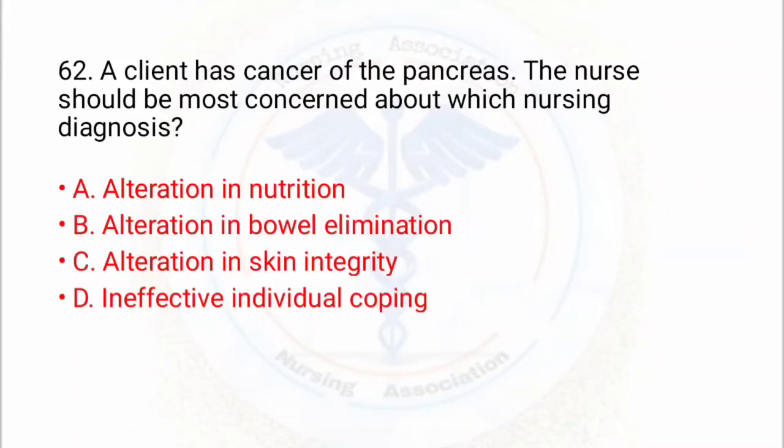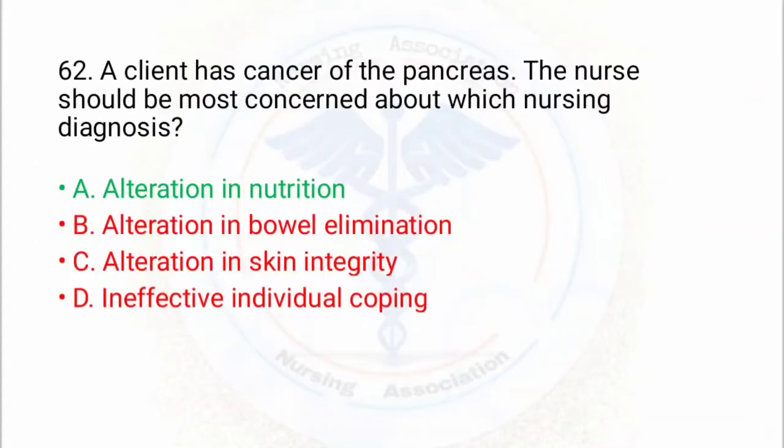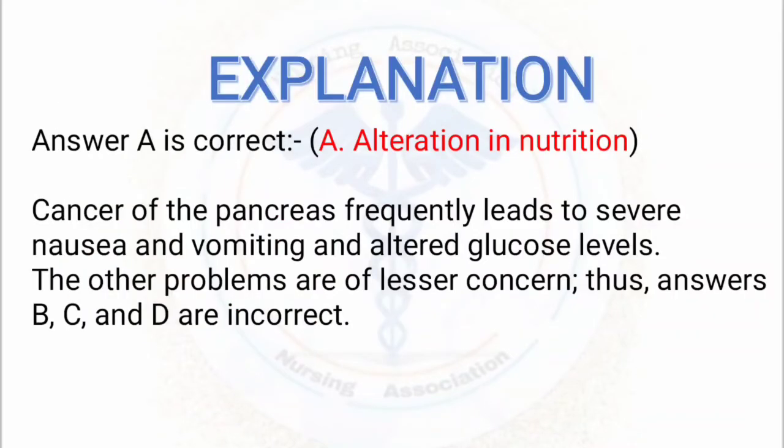In a client having pancreatic cancer, the nurse should be concerned with alteration in nutrition, because cancer of the pancreas frequently leads to severe nausea and vomiting and altered glucose levels. The other problems are of lesser concern, thus answers B, C and D, which are bowel elimination, skin integrity and individual coping, are incorrect.